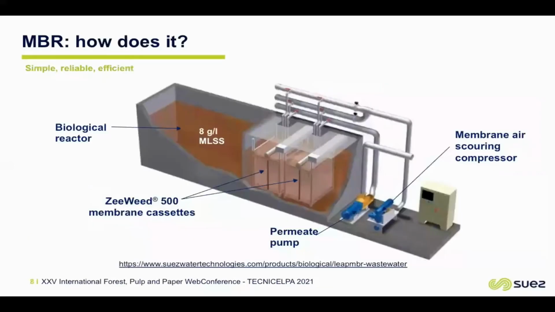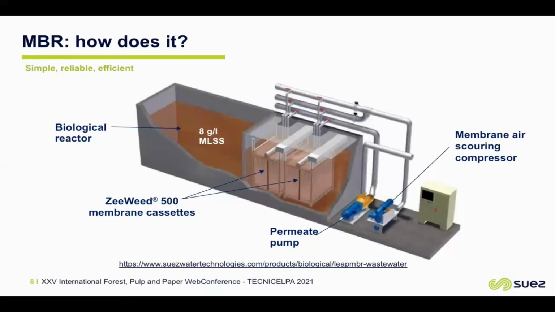How does it work? It's quite simple. It's composed of a biological reactor where we have the suspended solids at a higher concentration compared to conventional activated sludge solutions. We are talking about 8 grams per liter of MLSS. This biological reactor is connected to the UF membrane tanks, where we have the Seaweed 500.